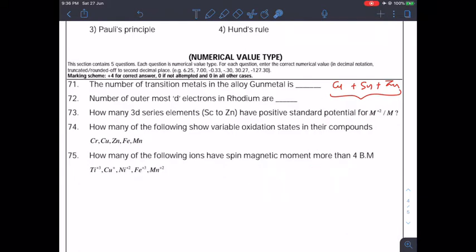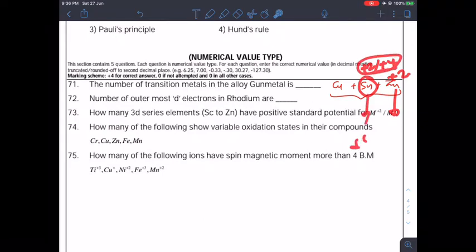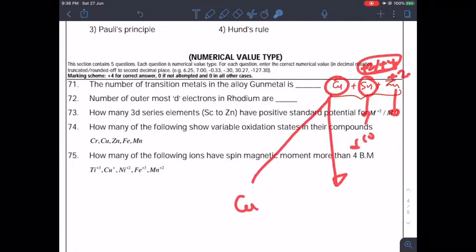So look, zinc exists in plus 2, tin exists in plus 2 and plus 4, different species are there, but in any of these cases it will always have D10. Copper can exist in two different states, copper plus 1 and copper plus 2, in nature. Copper plus 1 has D10, but copper plus 2 will have D9.